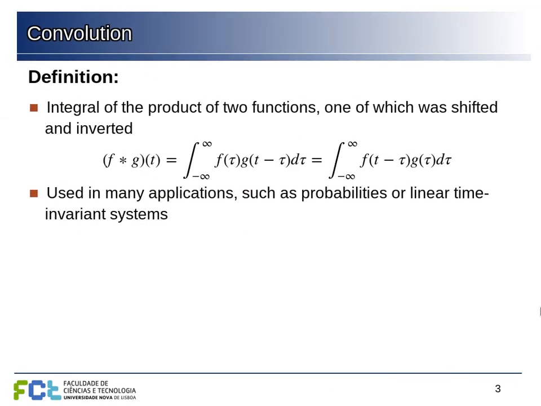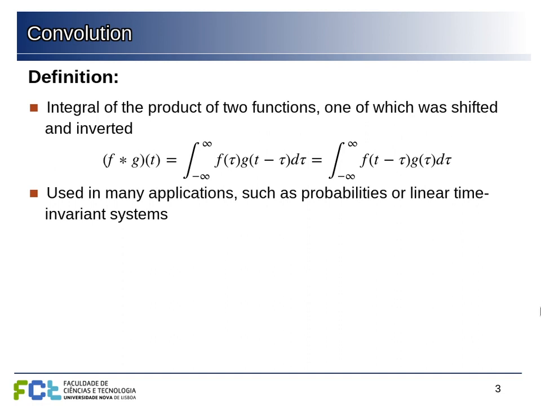So a convolution mathematically is the integral of the product of two functions, one of which was shifted and inverted. So basically, the convolution of this function f with the function g at some particular time t is the integral from minus to plus infinity of f(tau) g(t minus tau) with respect to tau.